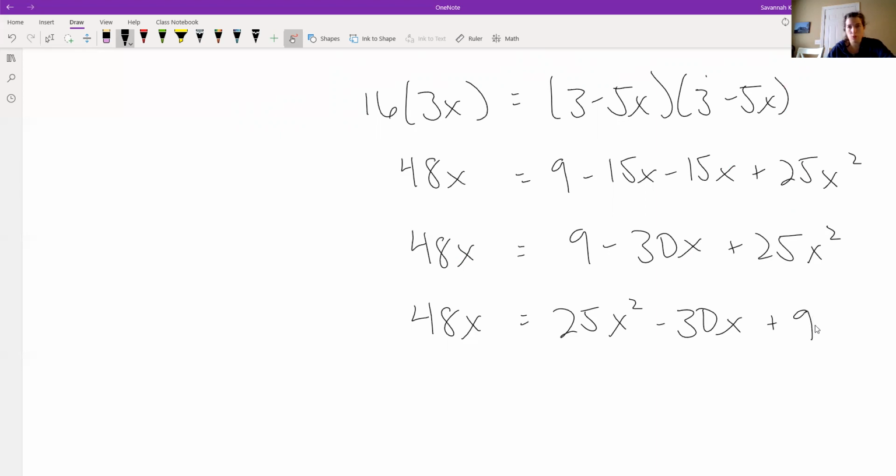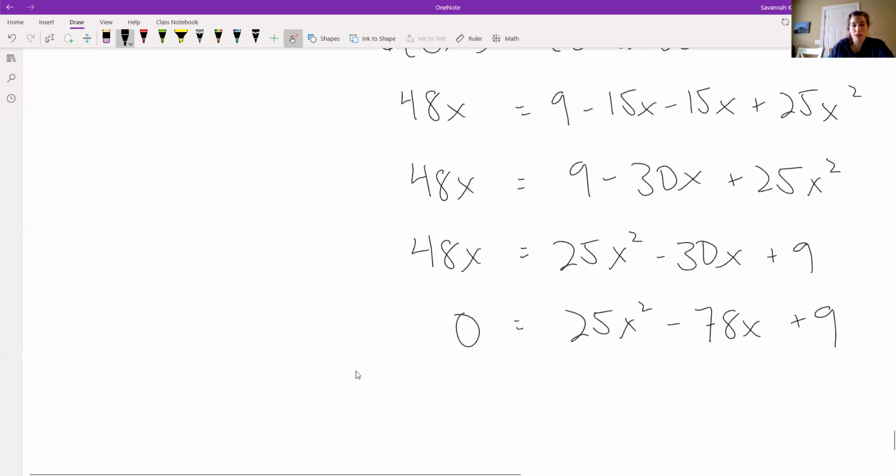That's the way I want it to be. Okay, so if I subtract 48x over, what is that, 48, 58, 60, 78. Oh, you've got to be kidding me. And then I can rewrite.